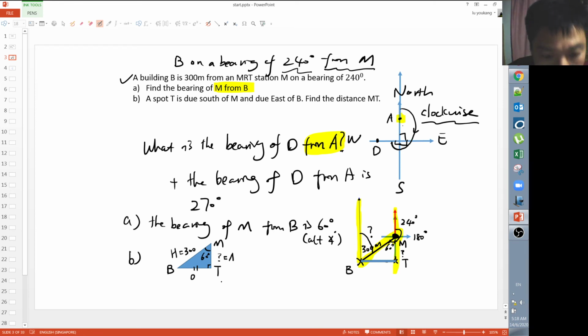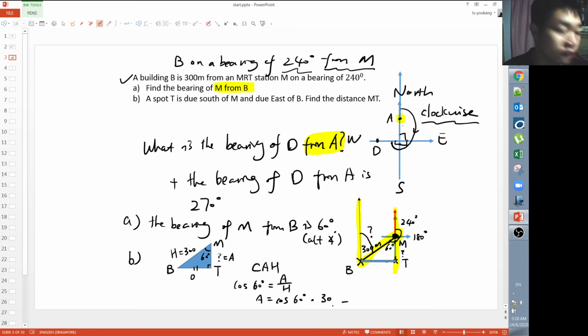So if you have your H and you need to find your A, you need to use your CAH, because CAH involves A and H. So cosine 60 degrees is A over H. So A equals cosine 60 degrees times H, which is 300.